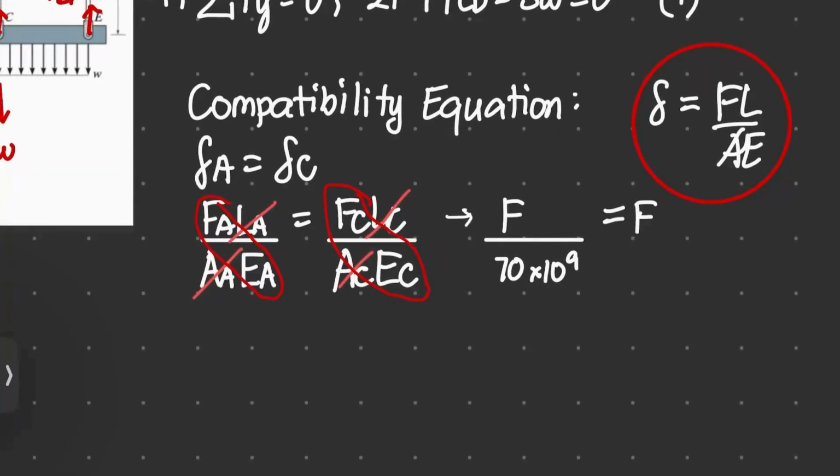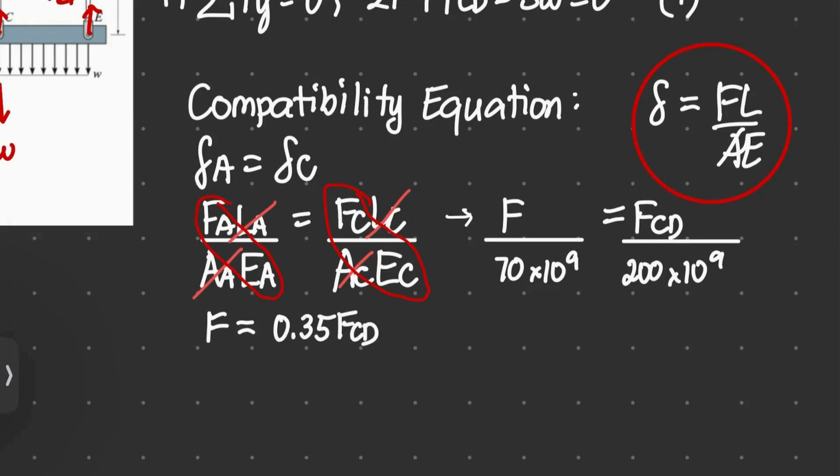For FC, it's just F sub CD times, since it is steel, 200. So simplifying everything, we get our second equation as F is equal to 0.35 FCD. Let's label it as equation 2.